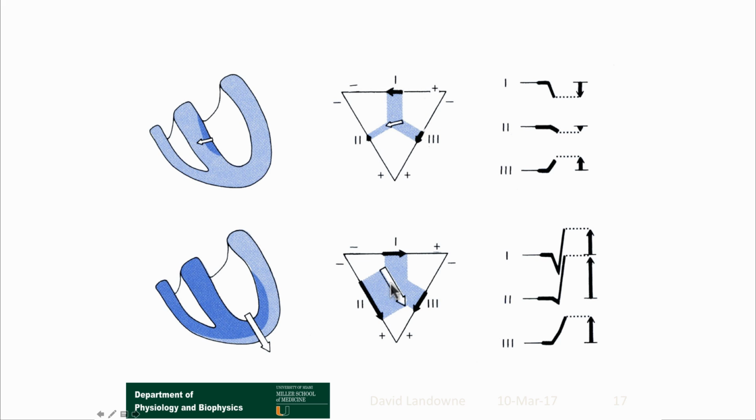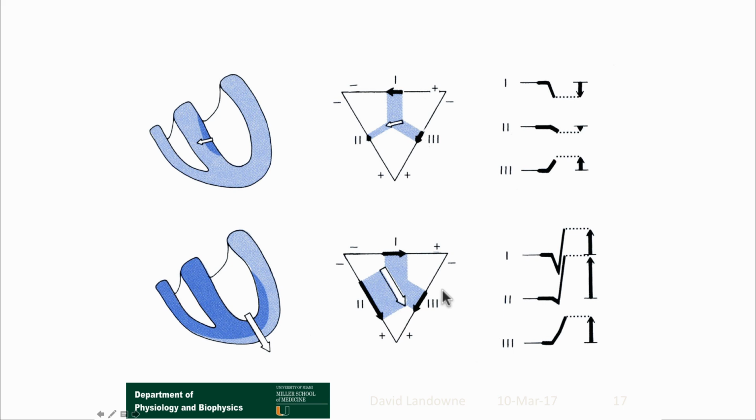Here you see a positive potential. If we look over here at lead 1, we had a negative, but now suddenly it goes positive, shown here. In lead 2, we see that this arrow is as large as the mean axis of depolarization dipole, and that would be a large positive potential as well, shown here.